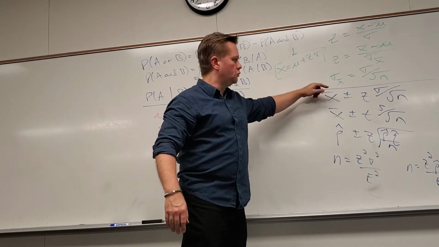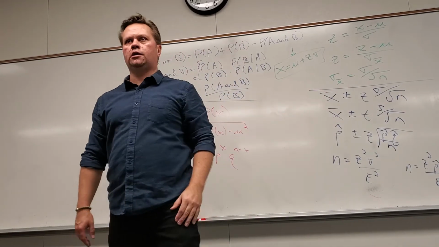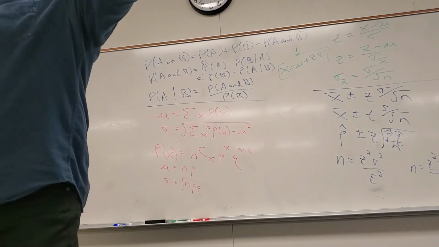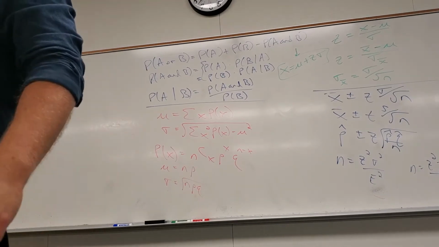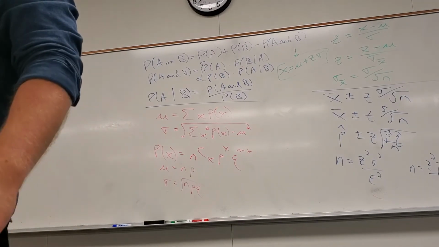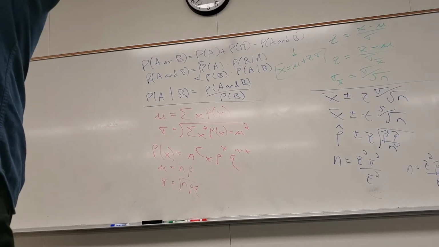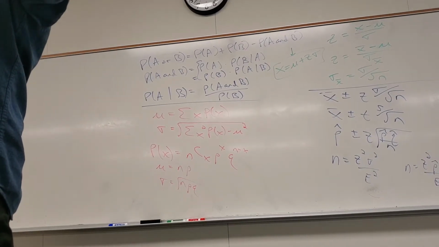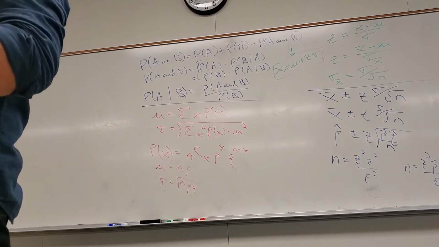So you're going to use this one here to create the confidence interval. When I ask you to make a confidence interval, it's got to be one of these 3, because those are the only ones that make an interval, plus or minus. For some reason, when people do hypothesis tests, they throw a confidence interval in the middle. I'm like, what? Those are 2 separate questions, right? If you're doing a confidence interval in the middle of a hypothesis test, stop, erase that.